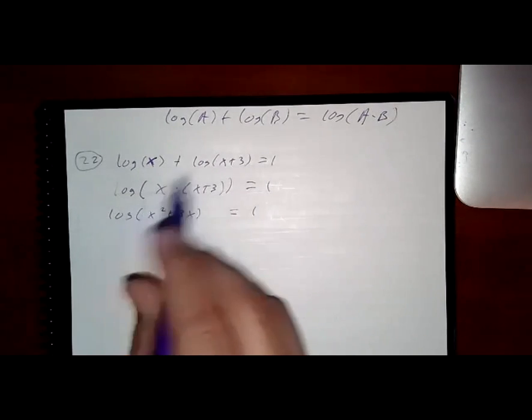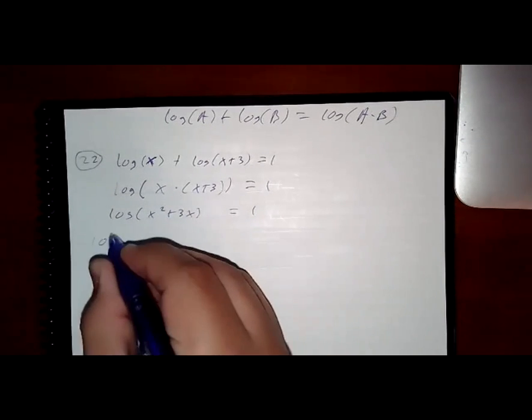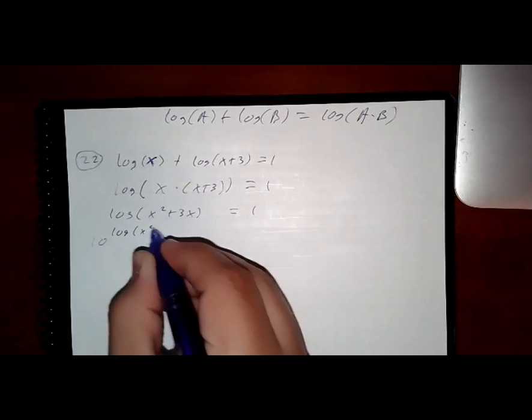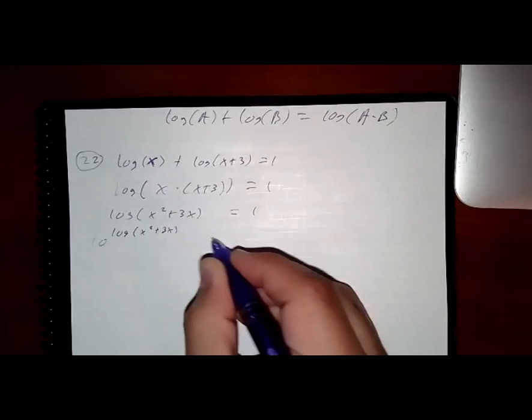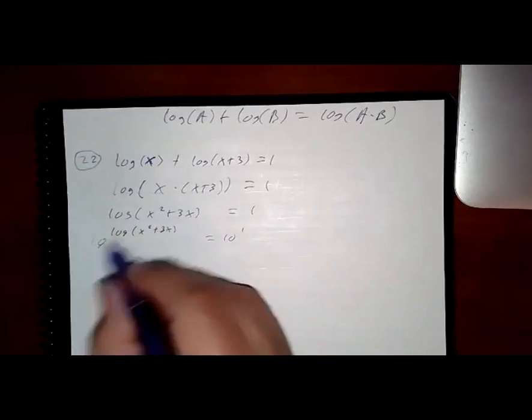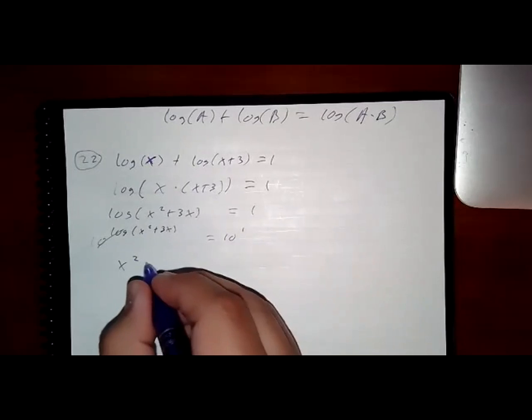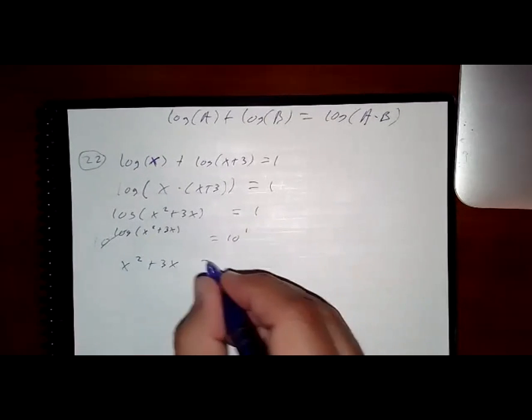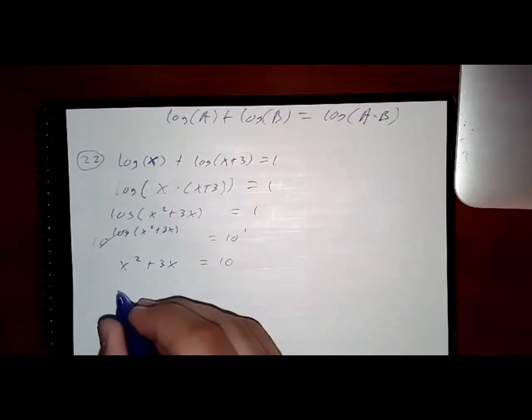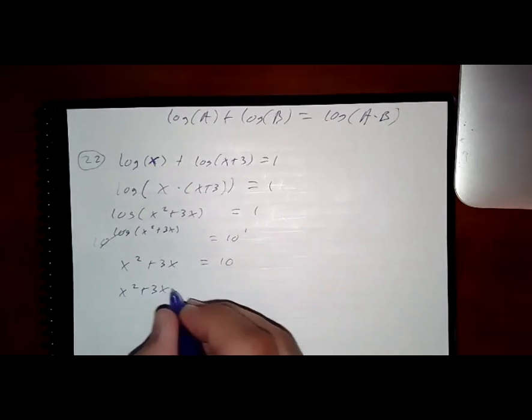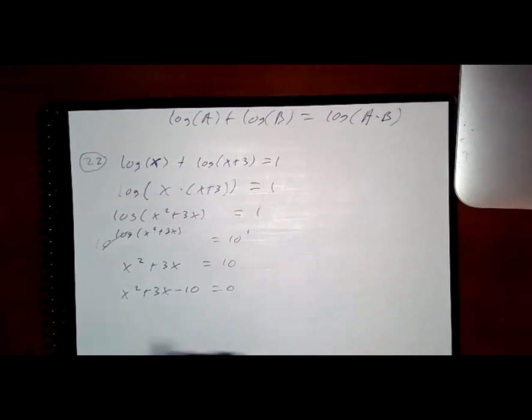Once you do this, just introduce the base, and that's it. So these cancel, leaving you with x squared plus 3x equal to 10. x squared plus 3x minus 10 is equal to 0.